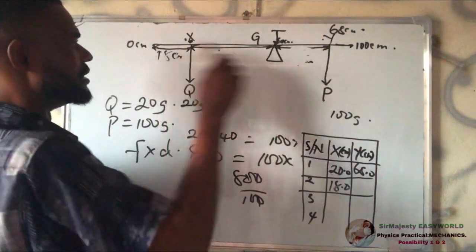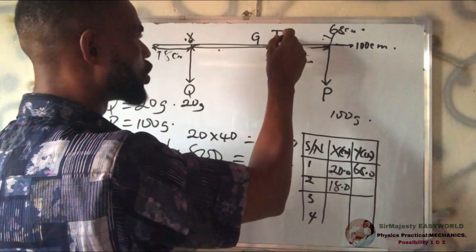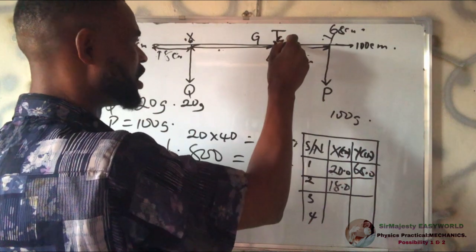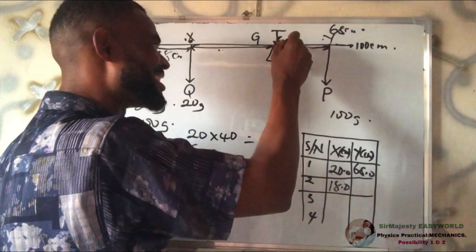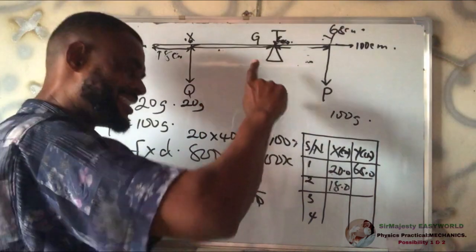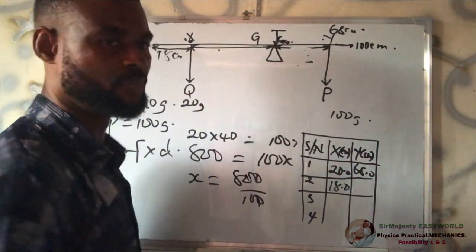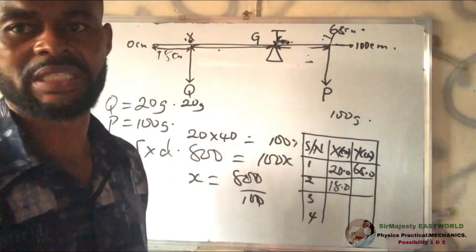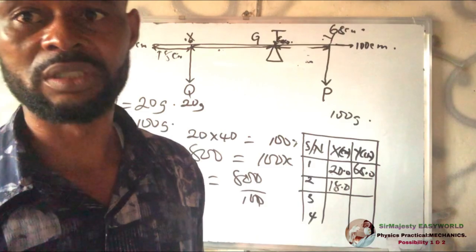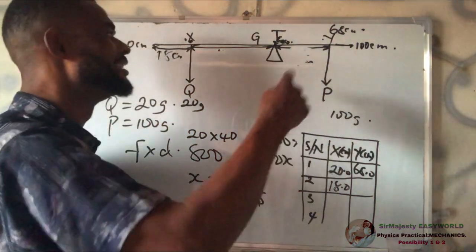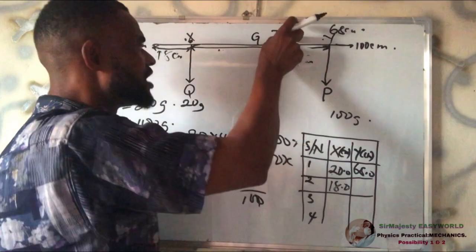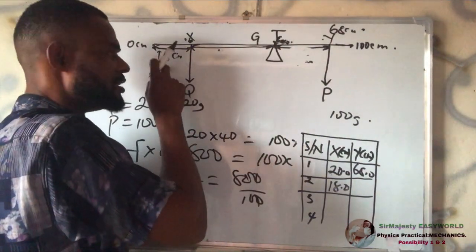If here is 18, remember that this knife edge is constantly placed at 60. Remember, that is going to be your guide. It is not only 60 that it can be placed. It can be placed at 55, 65, or 70, depending on how the question is. But here, we are placing it constantly at the 60 cm mark.